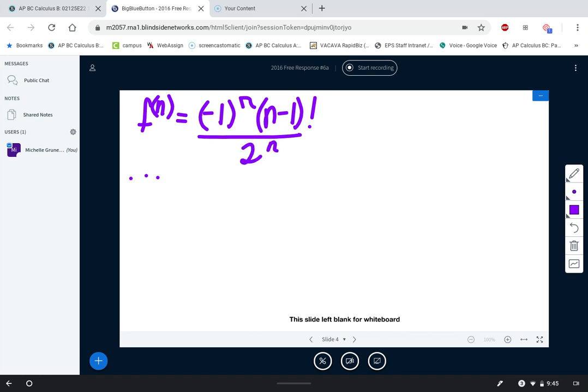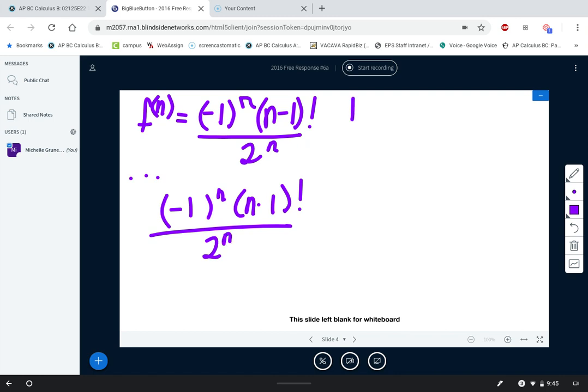And I'm going to copy that right after the dot, dot, dot exactly. Now I have to take that times 1 over n factorial for the Taylor series rules. And then I'm going to take that times x minus 1 to the nth. So this is my nth term formula, or the general term.